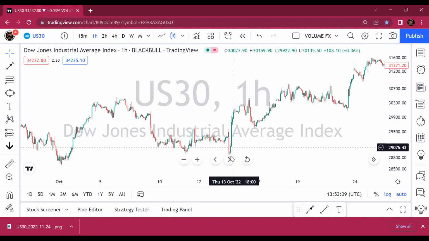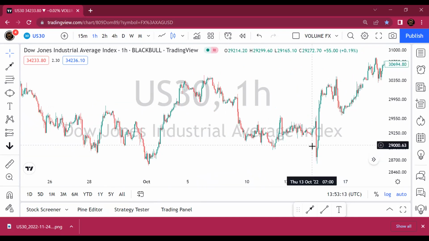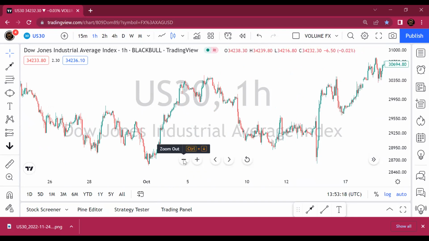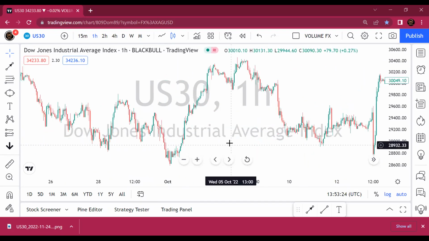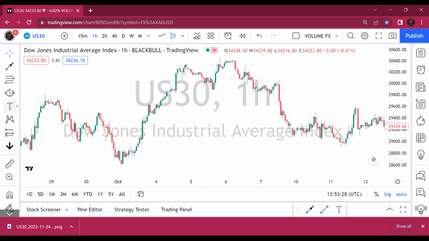I'll teach you something about these two candles here. I'm not saying they must be the same size, but at least they must not differ so much like this one here. This is what I'm talking about.